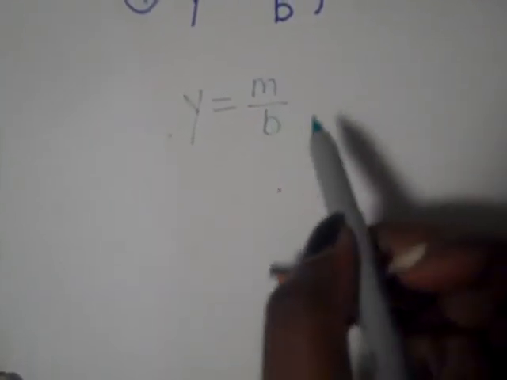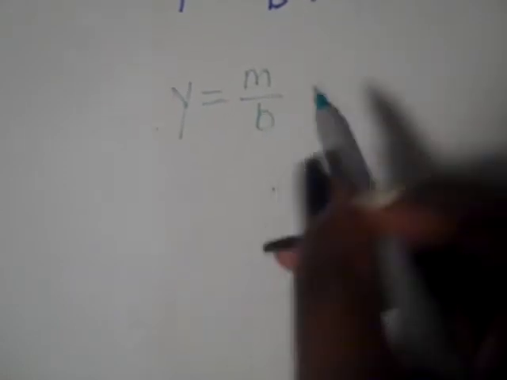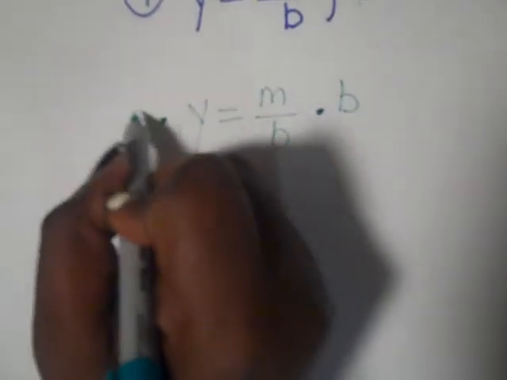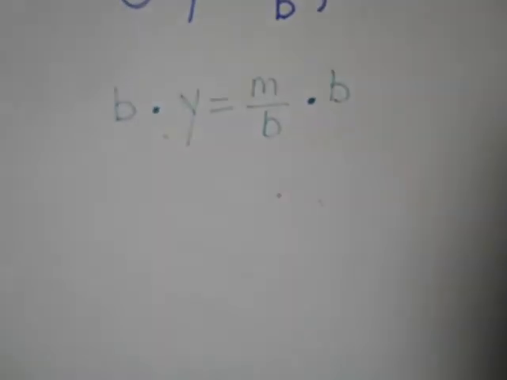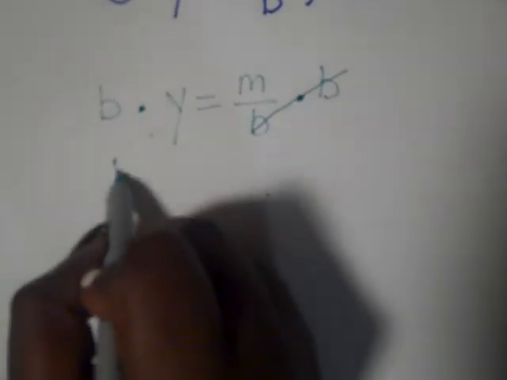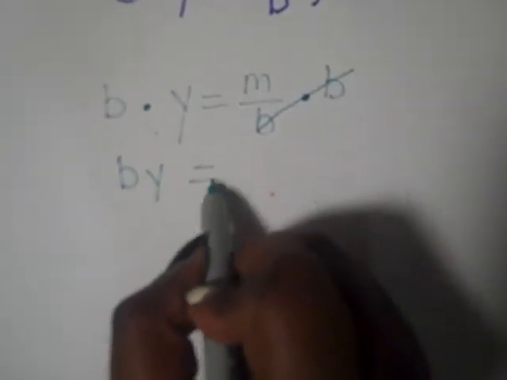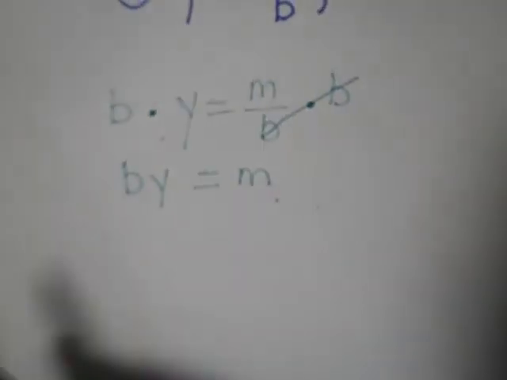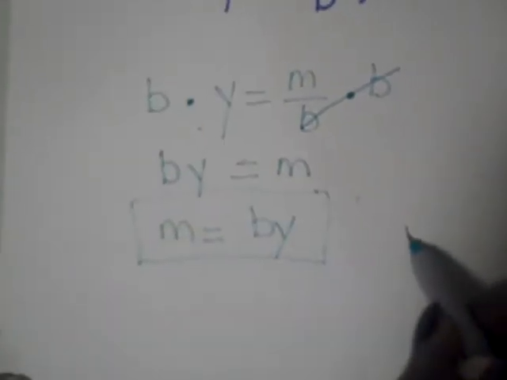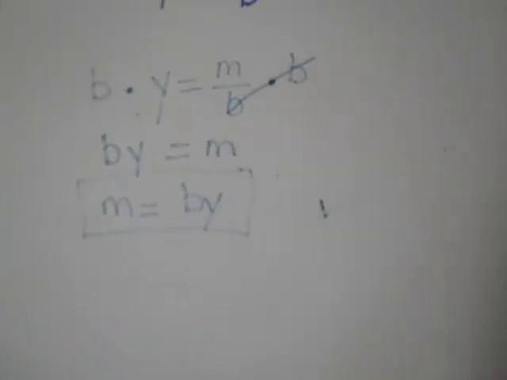In this problem, my denominator is B. So I will multiply the right and the left by B. These cross out because they're reciprocals, and we have BY is equal to M. And one step took care of this problem. So M is equal to BY. And we are done.